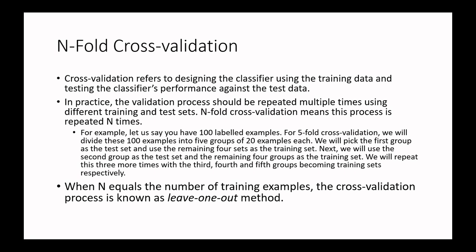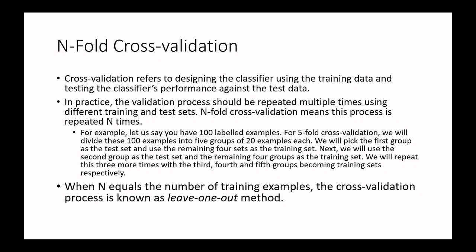So going back to our 1,000 examples mentioned earlier, if you are doing cross-fold validation, the basic idea is that you divide your entire set, for example 1,000 examples, into 10 sets of 100 examples each.